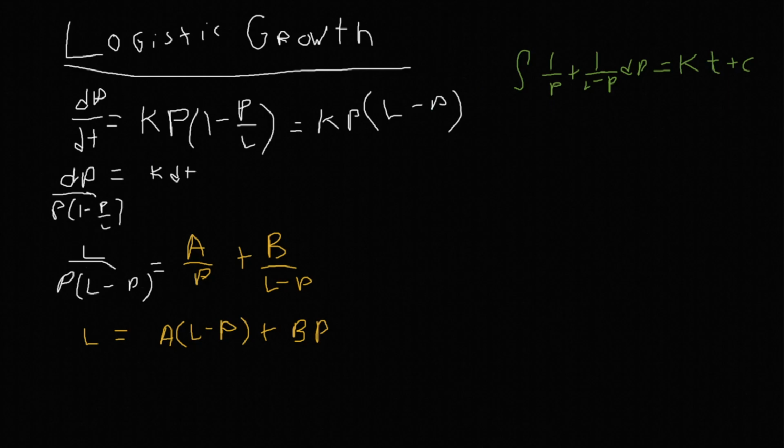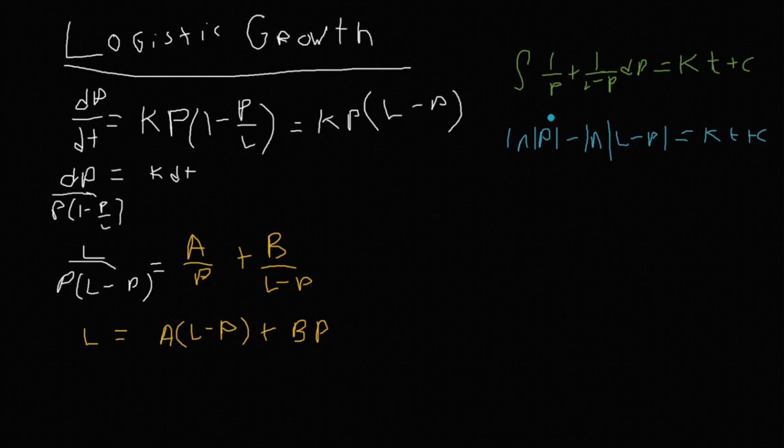And so now, this integral on the left-hand side is ln p, and the integral over here is going to be minus the natural log of L minus p, and the reason it's negative here is because there's a negative p here. So that's going to be equal to kt plus c.